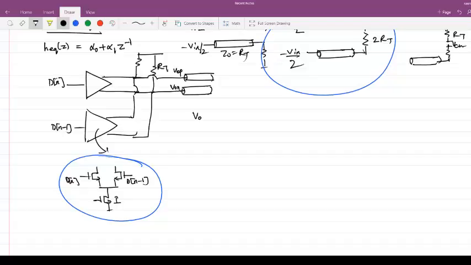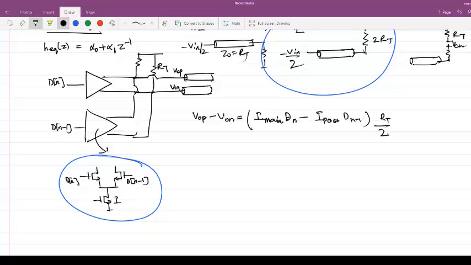So VOP minus VON is I main times Dn plus or minus I post cursor times Dn minus 1, times RT by 2.